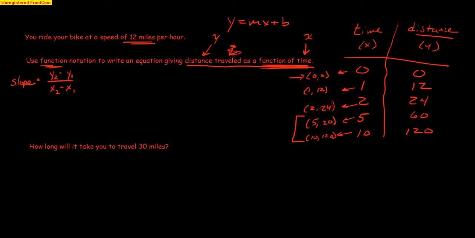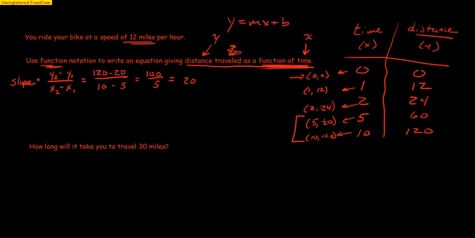So these are my 2 y values. I'm going to take 120 minus 60. And these are my 2 x values right here, so I'm going to take 10 minus 5. Oops, I totally did that wrong.